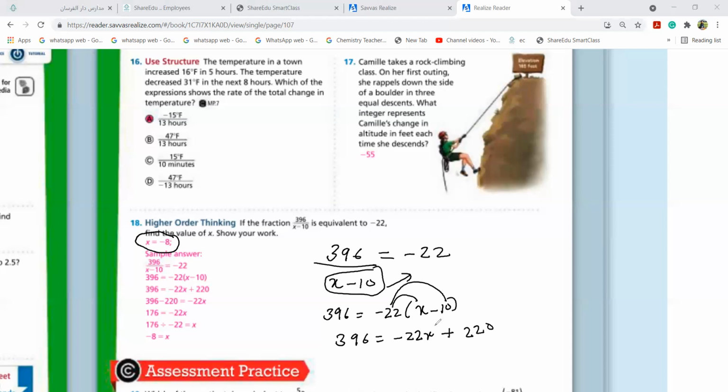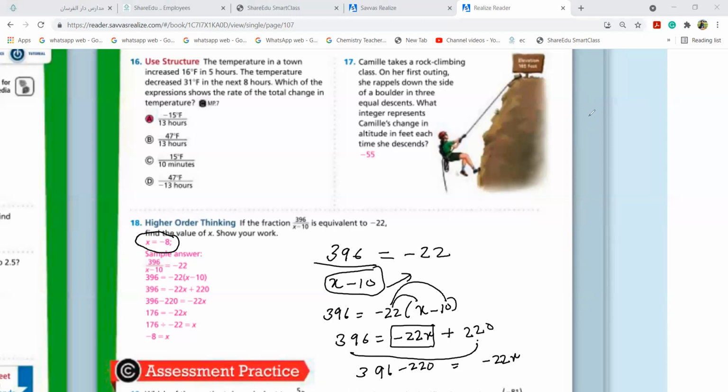Now, if I want to make this alone, this has to be kicked out. Positive, when it goes to another side, becomes negative. There are rules. Positive becomes negative, negative becomes positive, multiplication becomes division, and division becomes multiplication. 396 minus 220 is equal to minus 22x.